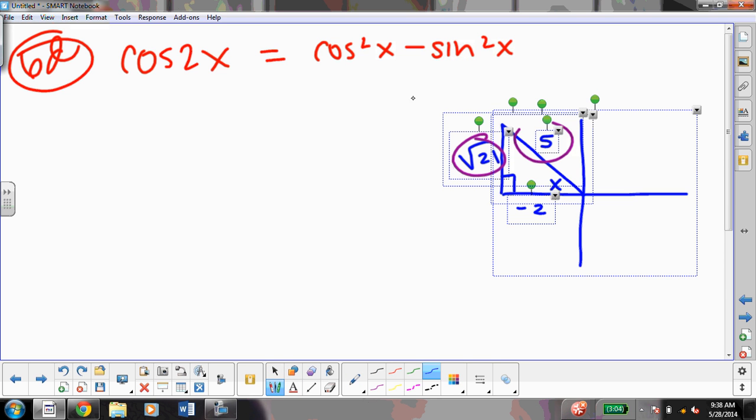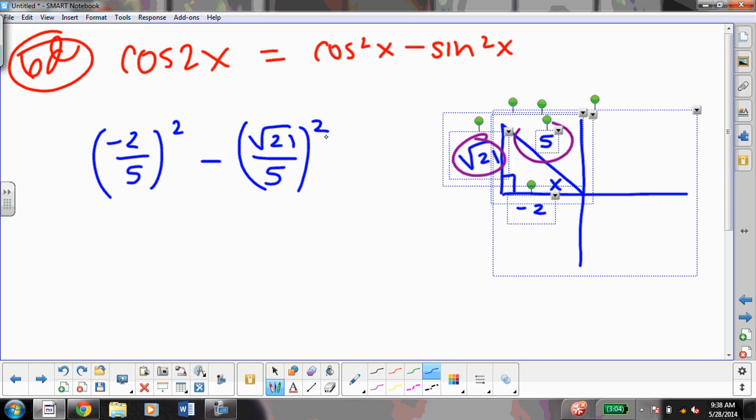So first I have to find the cosine of x. The cosine of x would be negative 2 over 5, and I'll square that. Minus the sine of x, which is the square root of 21 over 5, opposite over hypotenuse. Square both fractions. 4 over 25 minus 21 over 25, which ends up being negative 17 over 25.